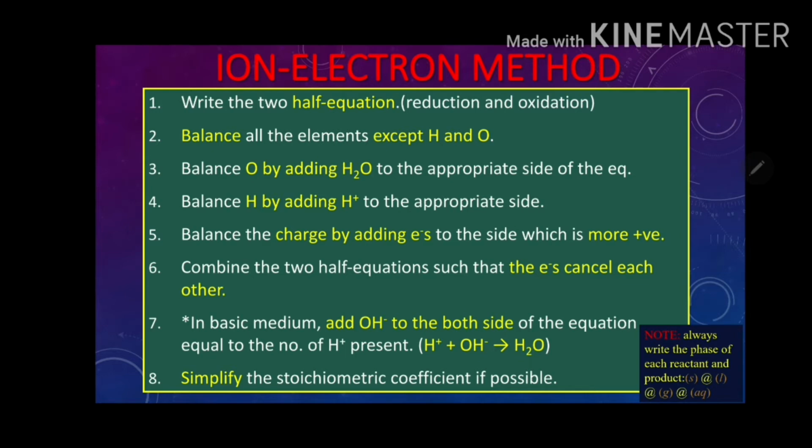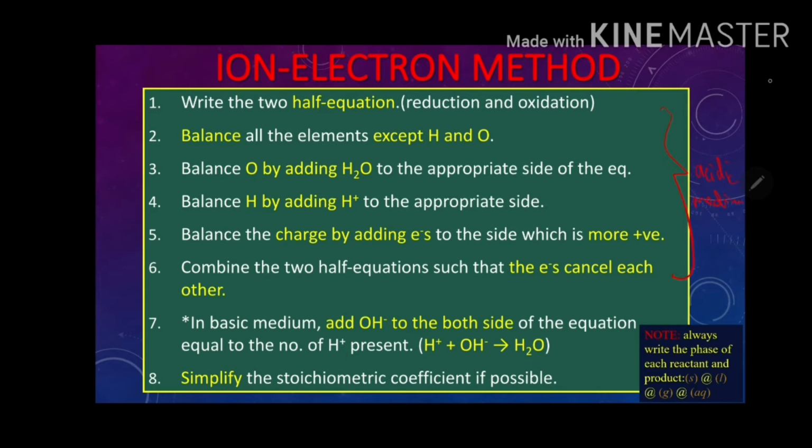Next, combine the 2 half equations such that the electrons cancel each other. Step number 1 until number 6 is actually a step used to balance equation for acidic medium.